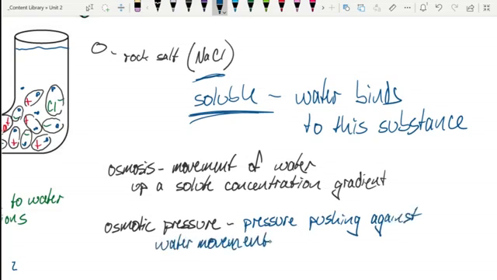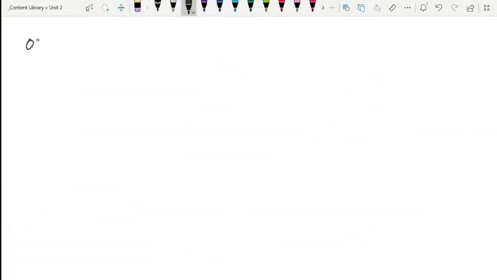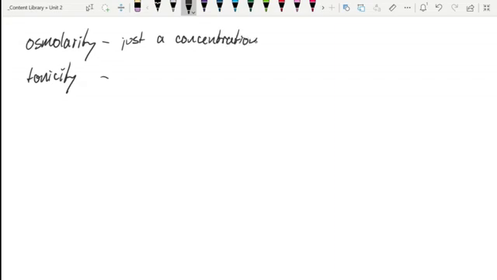All right, there's osmosis. Now let's see if we can take this and apply it to a scenario in the body. Now we're talking about osmolarity and tonicity. Let's first define these terms. Osmolarity is simply a concentration. And because we know that concentrations are just a ratio of stuff over volume, it has units: concentration in osmol per liter.